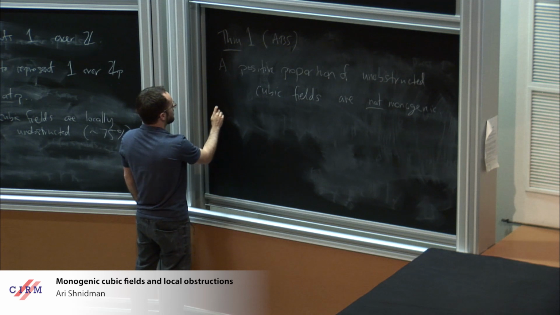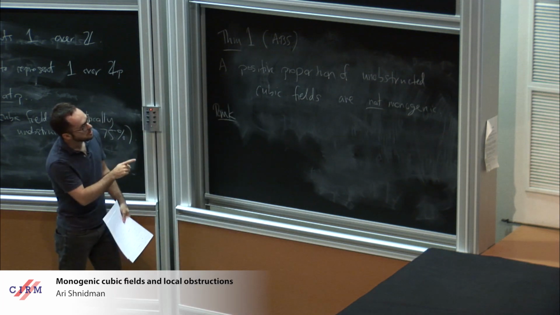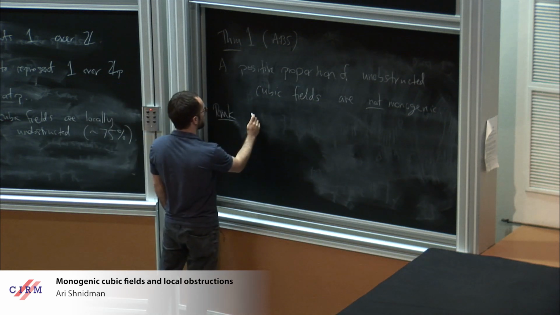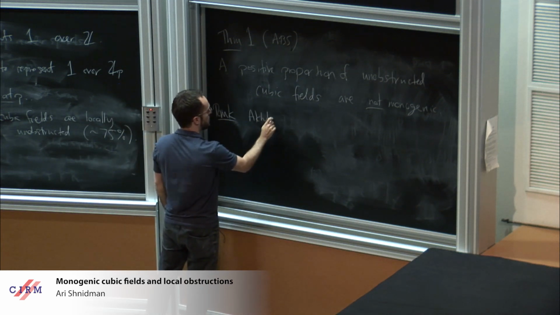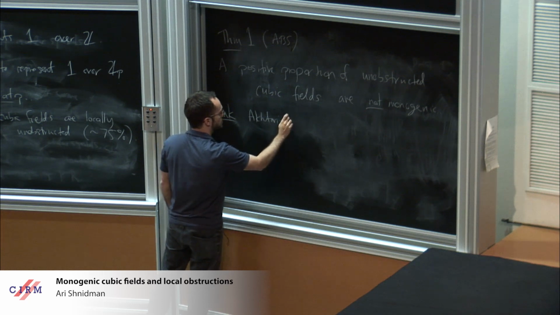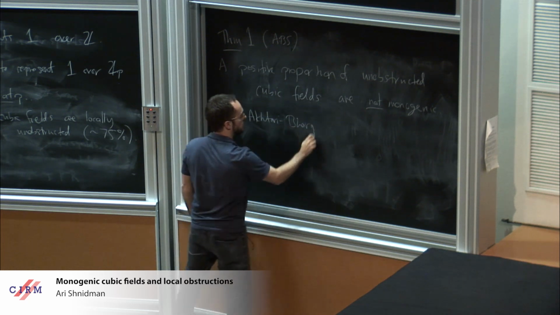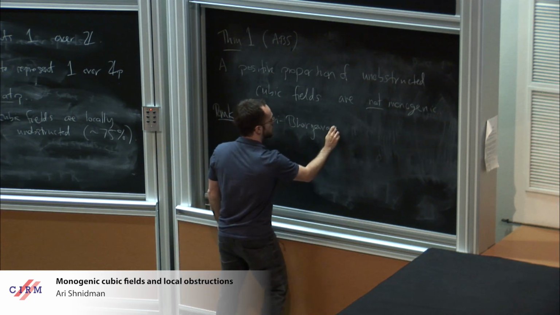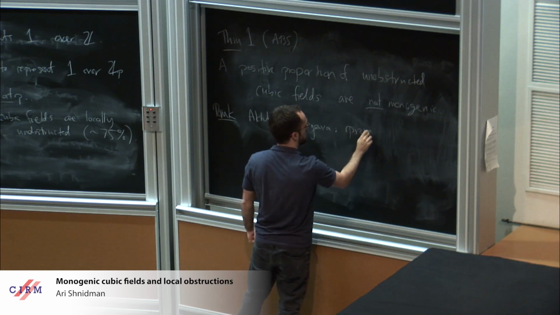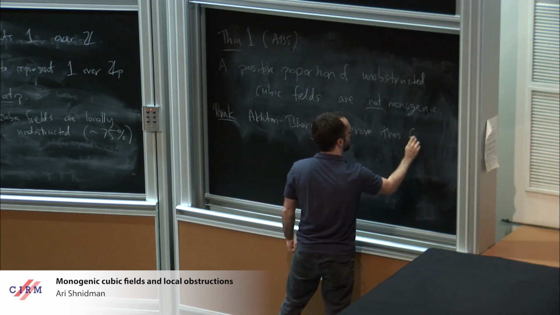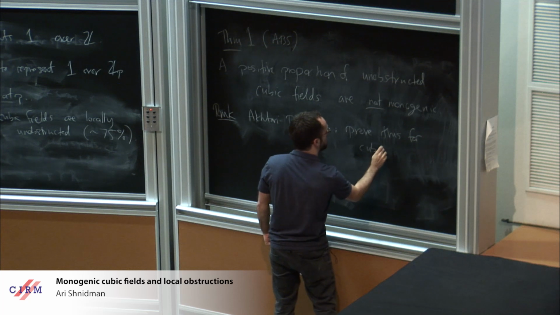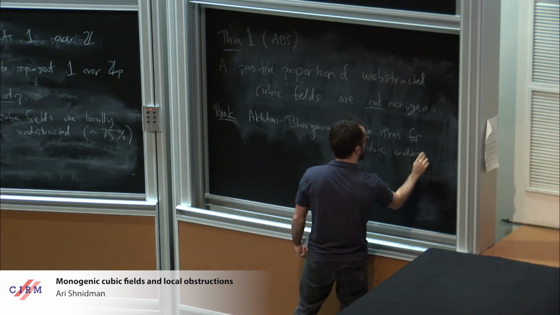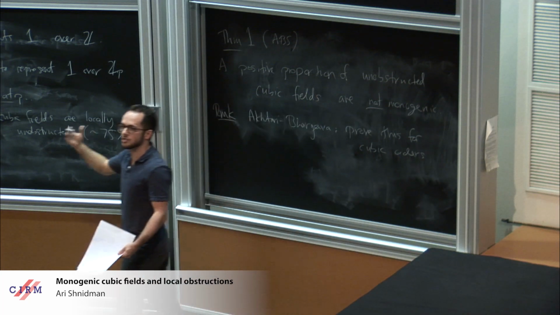Okay, and there's a remark that there is work from a few years ago of Shabnam Akhtari and Bhargava, where they prove this for cubic orders. You can also talk about monogenicity of just subrings of rings of integers in cubic fields.